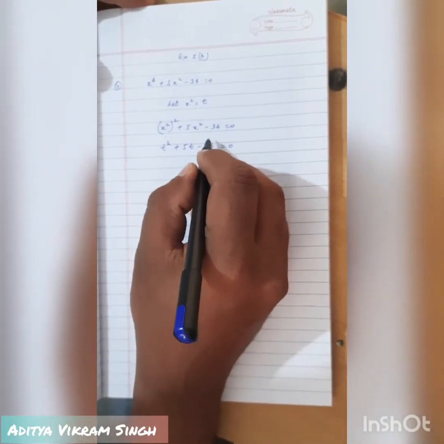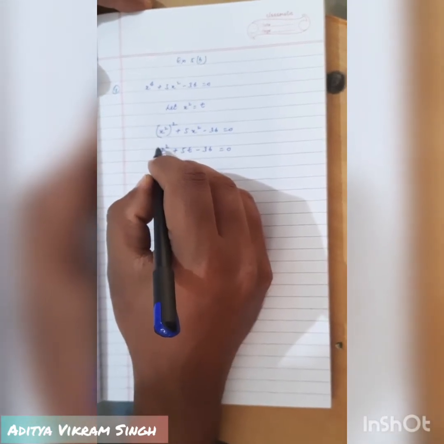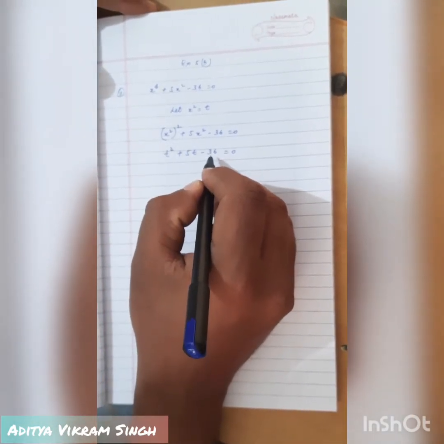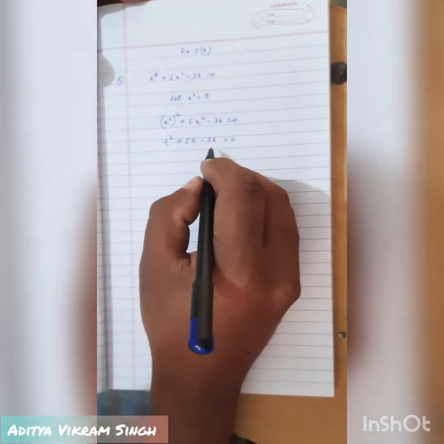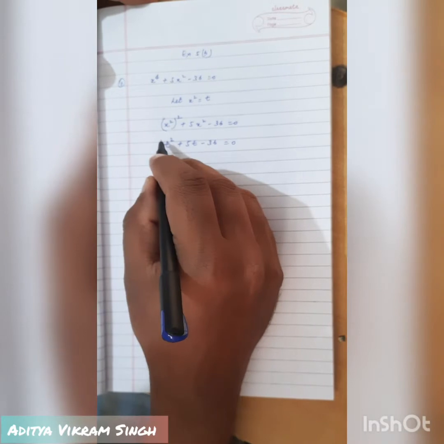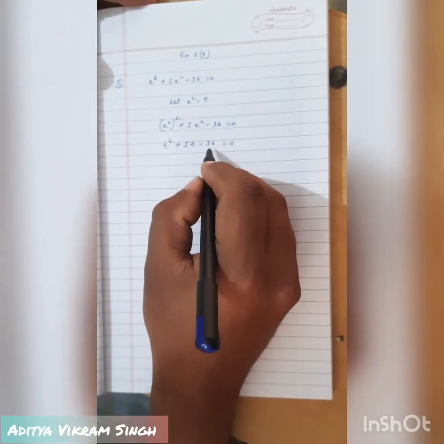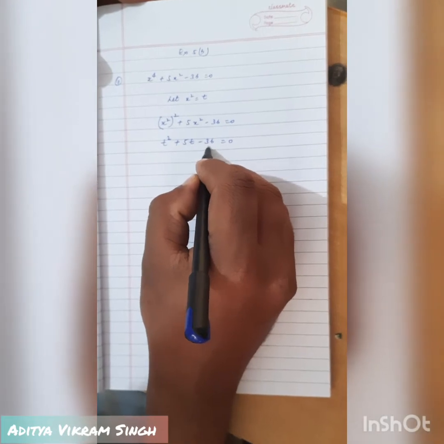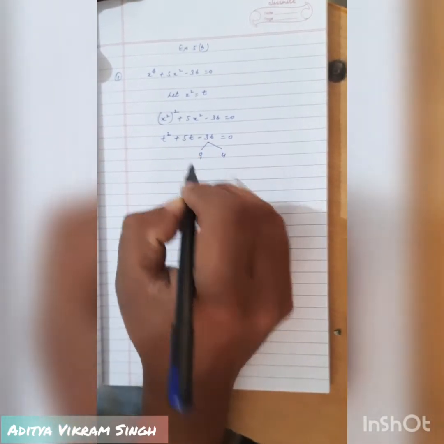Now we have to multiply c with the coefficient of t square, so that we can get the value, and we divide that value in such a way that we get 5. 36 is multiplied with 1 and it becomes 36, and when it is divided into 9 into 4, after subtracting we get 5.